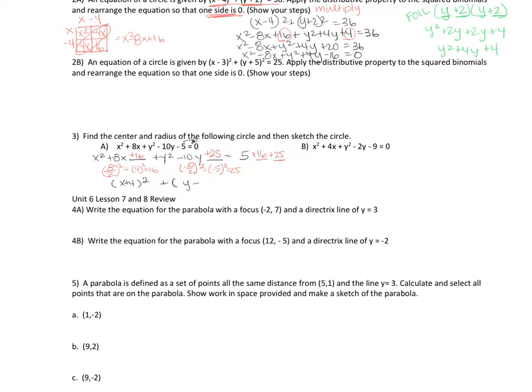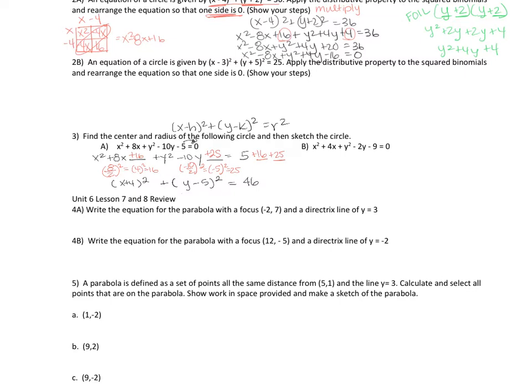That would be y minus 5 squared equals, and now I have 5 plus 25 is 30, and 30 plus 16 would be 46. So this is the equation of my circle in the form that I recognize. My form is x minus h squared plus y minus k squared equals my radius squared.